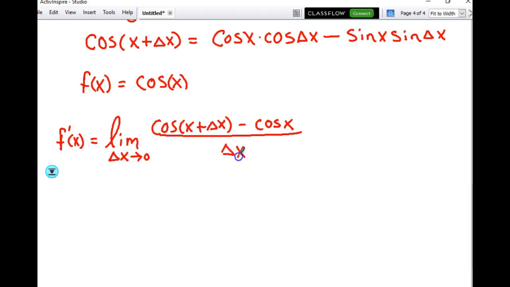And just like with the sine proof that we did on the last example, we're going to apply the identity first.